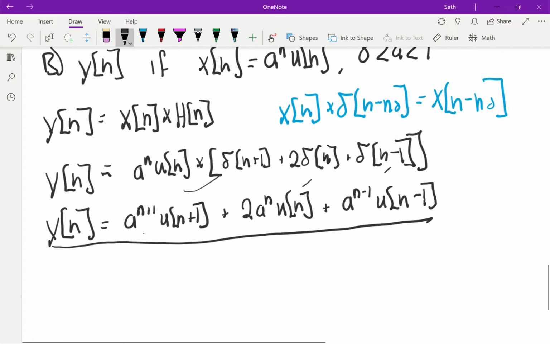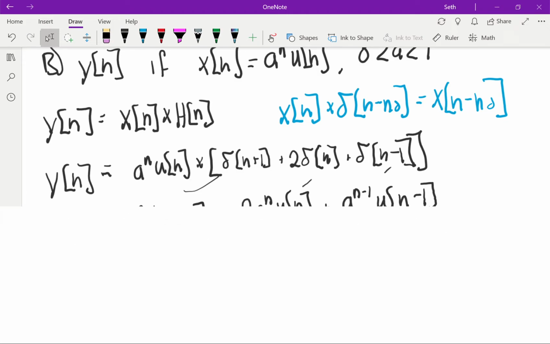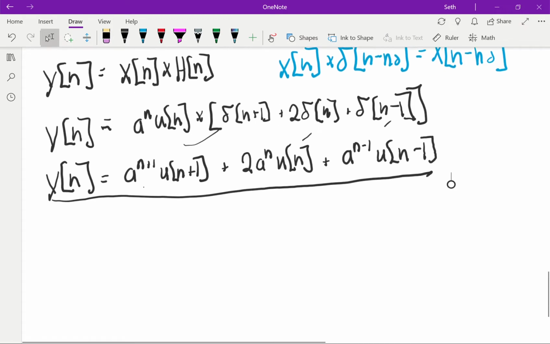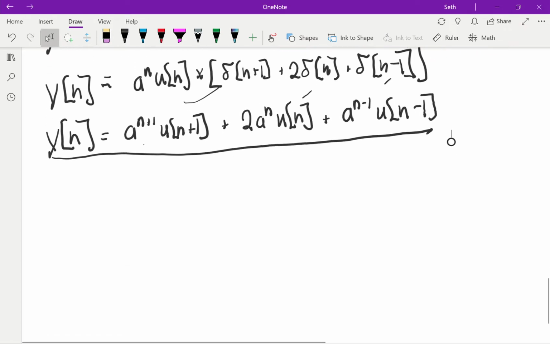Since we see all these unit step functions, this should tell you that this can be simplified into a nice little piecewise function. And you probably need to simplify it into a piecewise function to get full credit on the exam.